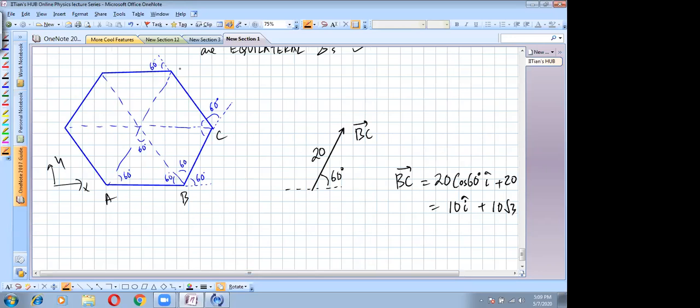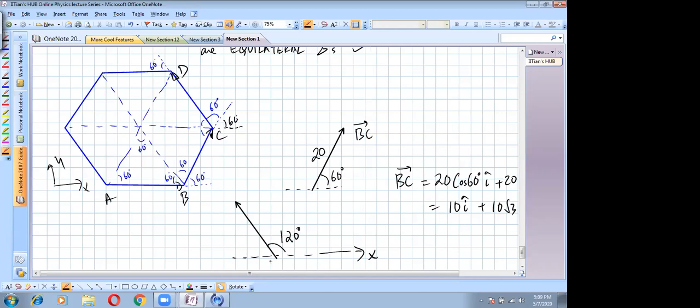Now you look at this one, CD. So look at that separately. So pick up that vector CD from there and bring it here. So the vector CD is looking how? How much angle is it making with the x-axis? Now you see, this is your x-axis. This was already 60, this was already 60 here. You can see this and this. So this total angle is how much? 120.